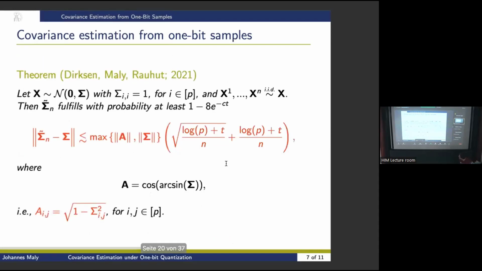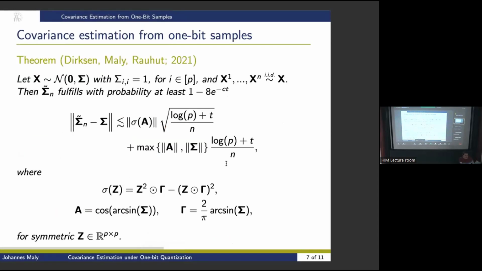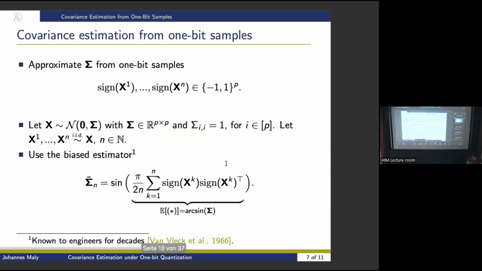There's a question. Yes. Please, can you come again with an intuitive explanation of the 1-bit samples? You mean an explanation of this here? Yes, so why this expectation looks like that?